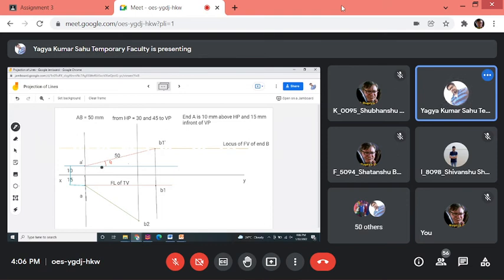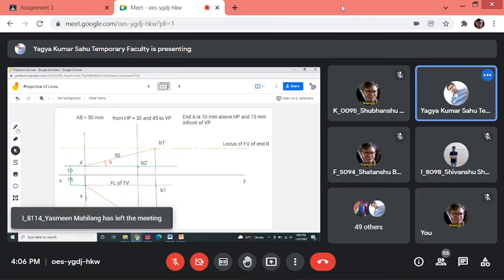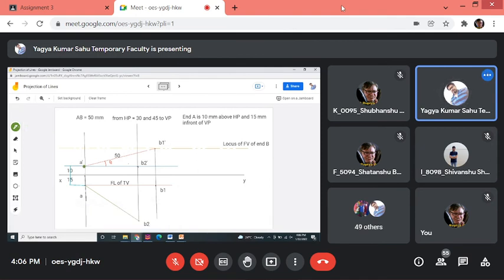तो यहाँ पे एक blue line दिख रहा होगा which is parallel to XY passing from A dash. So this intersection will give you B2 dash. B2 dash. Okay, let's make it green. We are using green for this particular.